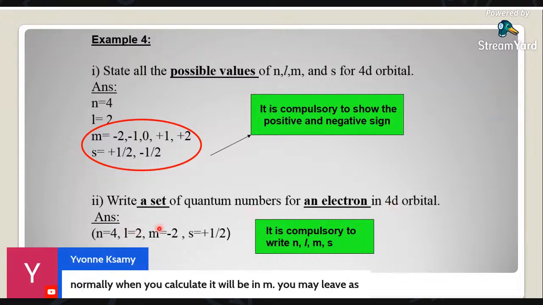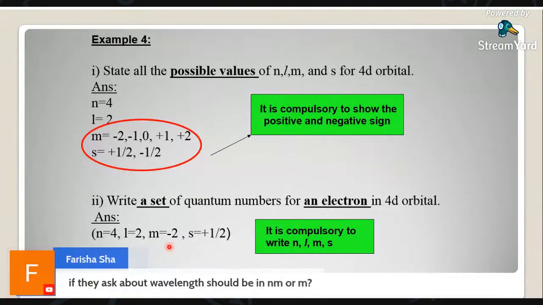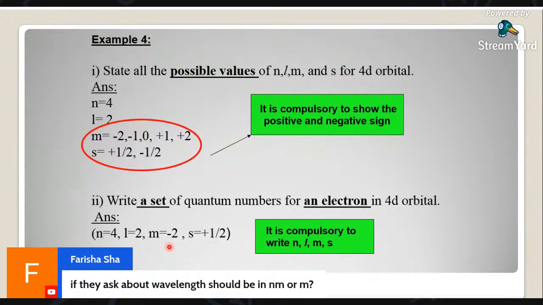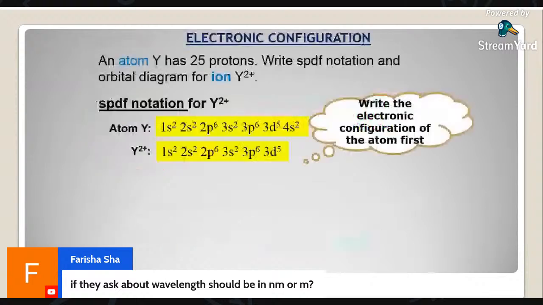For the value of m, you have 5 options: negative 2, negative 1, 0, positive 1, positive 2. But you can only write one answer. You cannot put many answers, because it is like our IC number: the middle digits of the IC number depend on where you were born, such as Perak, Selangor or Kedah. You cannot write all the numbers. It is the same for electrons: the IC number for an electron is called a set of quantum numbers.